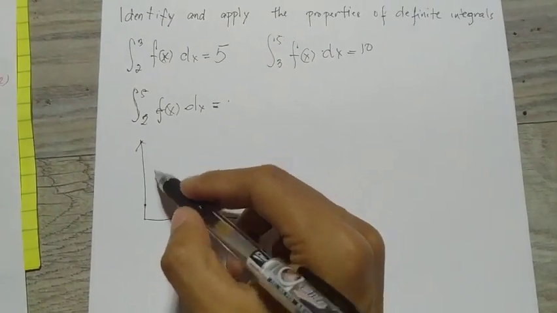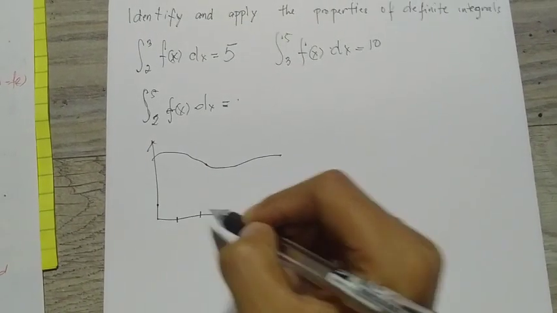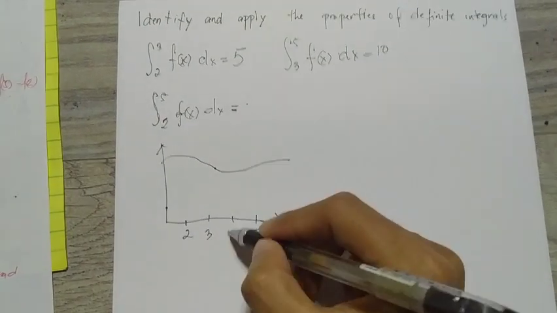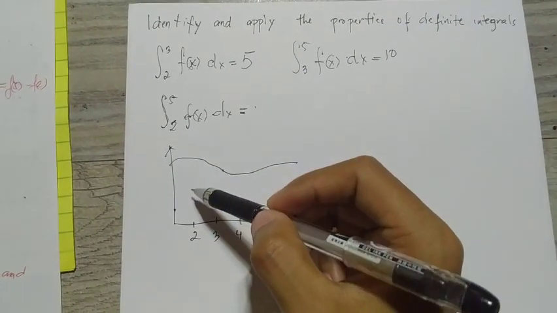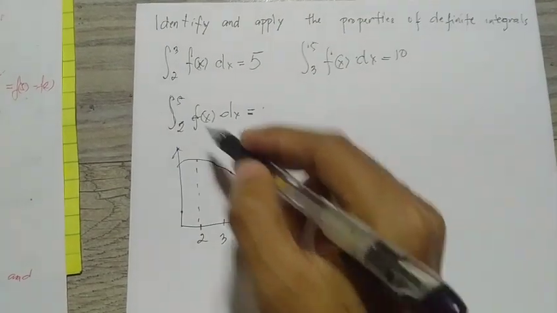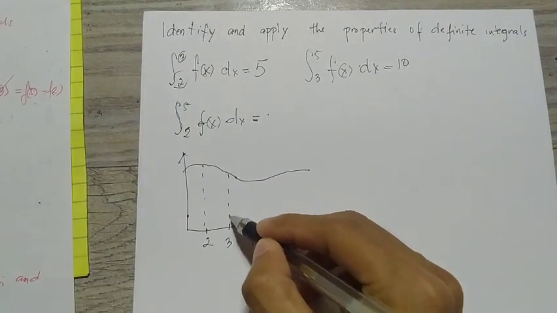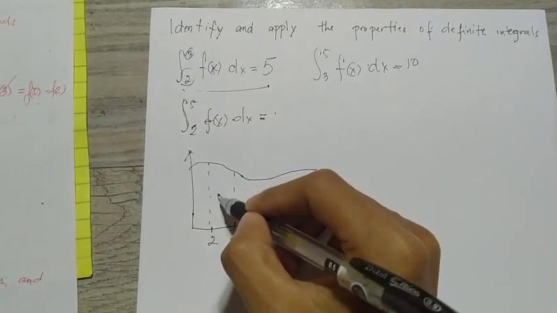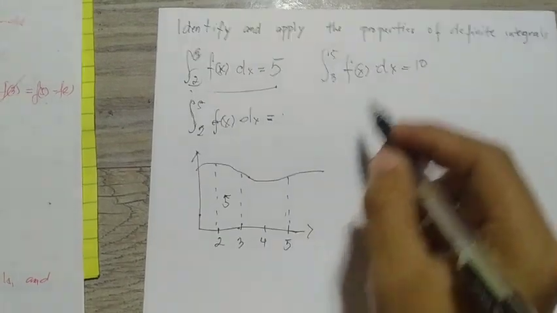I have here a graph. The points are 2, 3, and 5. The area of this integral from 2 to 3 is 5, and from 3 to 5 the area is 10.